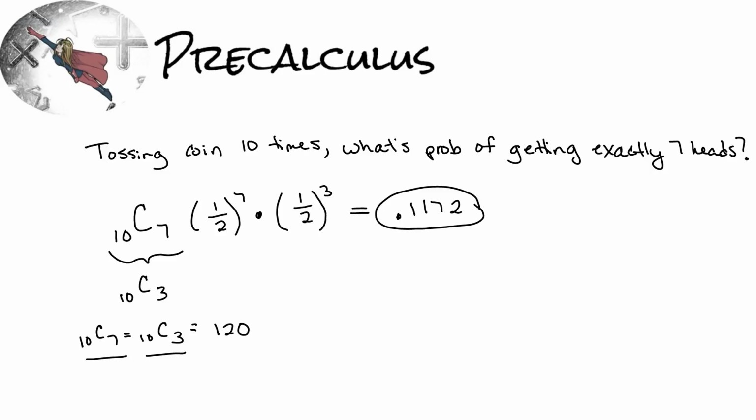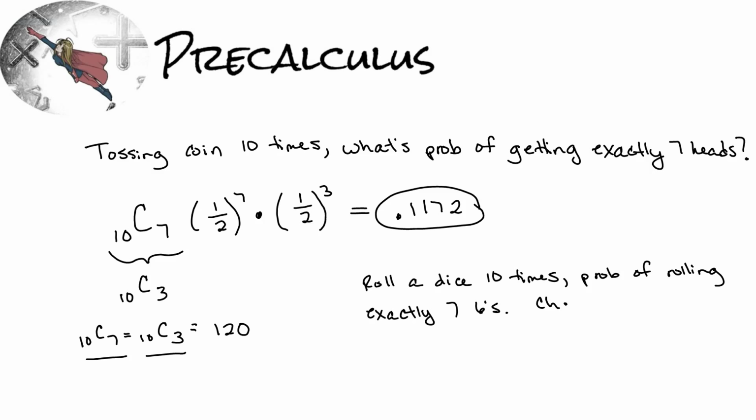And just to show you one last thing, instead of tossing a coin where the chance of getting the 2 outcomes is the same because it's just 1/2 for both, what if we roll a die 10 times? And we want to know the chance or the probability of rolling exactly 7 sixes.